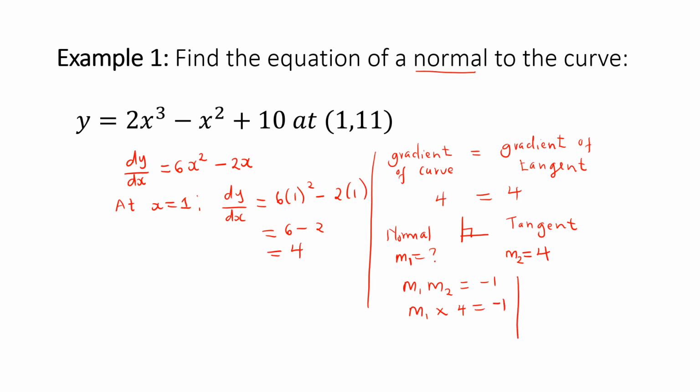If we simplify this, 4m1 = -1, and if we divide both sides by 4, m1 gives you -1/4. So the gradient of the normal is -1/4, and we know that it passes through the point (1, 11).